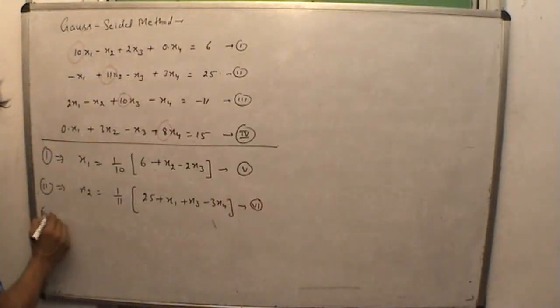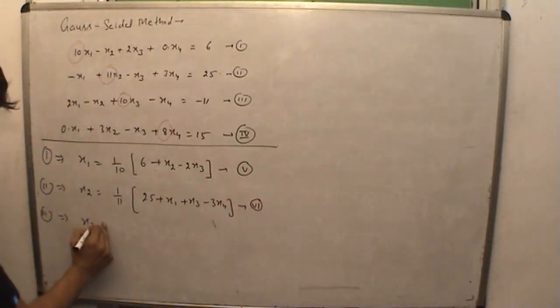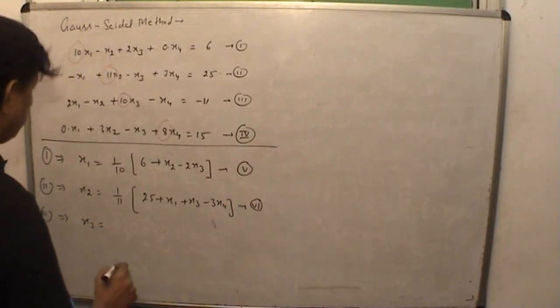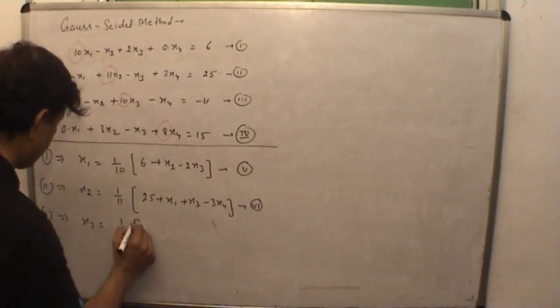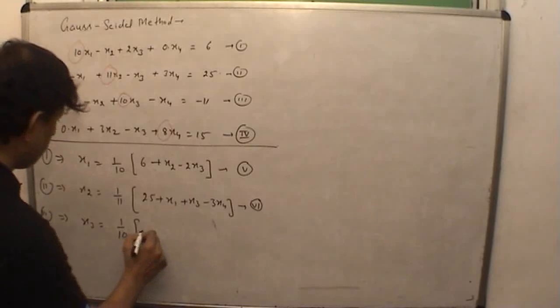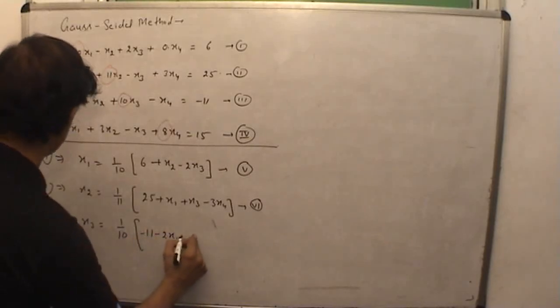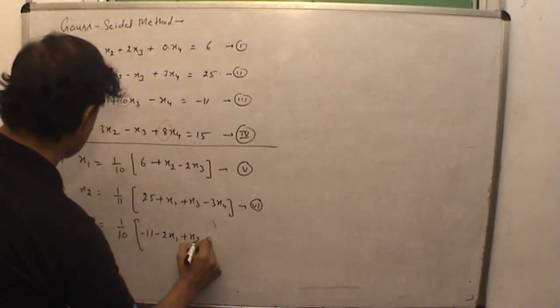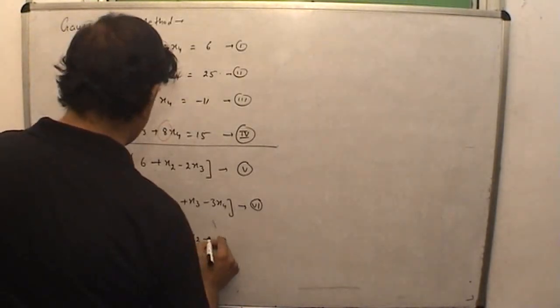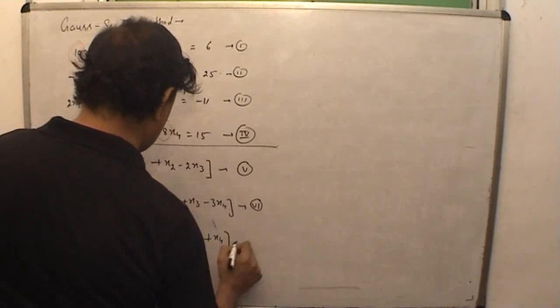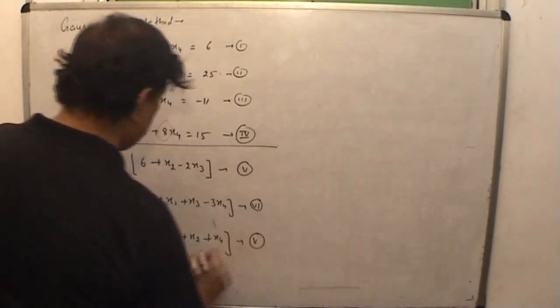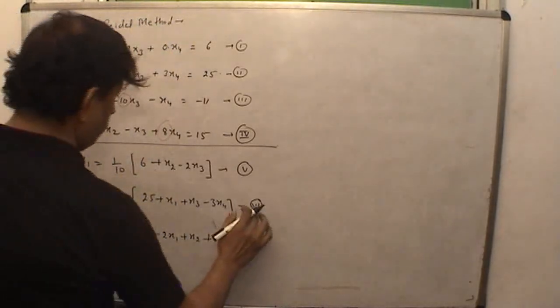And from the third equation we get x3 is equal to 1 by 10, this element, into minus 11 minus 2x1 plus x2 plus x4, say it is number 7.